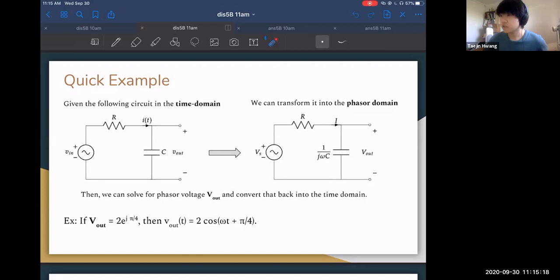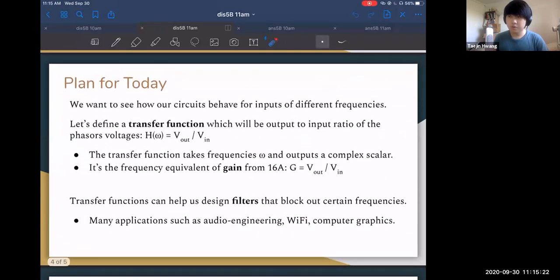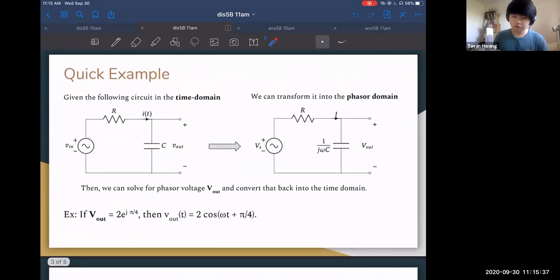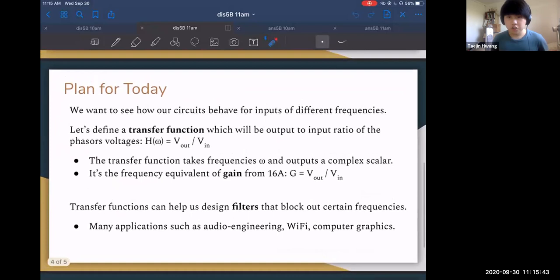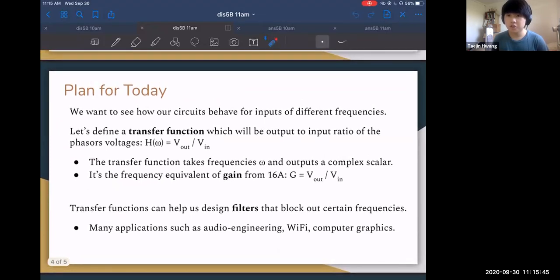Okay, if we don't have any questions, let's briefly talk about the plan for today, the ideas we're going to be looking at today. For today's discussion, we're mainly interested in how these circuits involving resistors and capacitors and sinusoidal voltages behave for inputs of multiple or different frequencies.